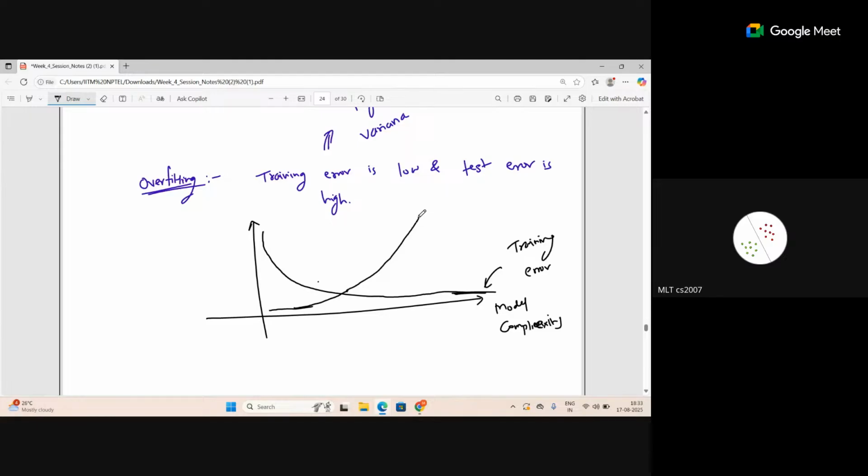Let's say this is your test error. So there should be a good balance between both of them. We want this spot where the test error is minimum and the training error is also minimum. This is the ideal model complexity we want.